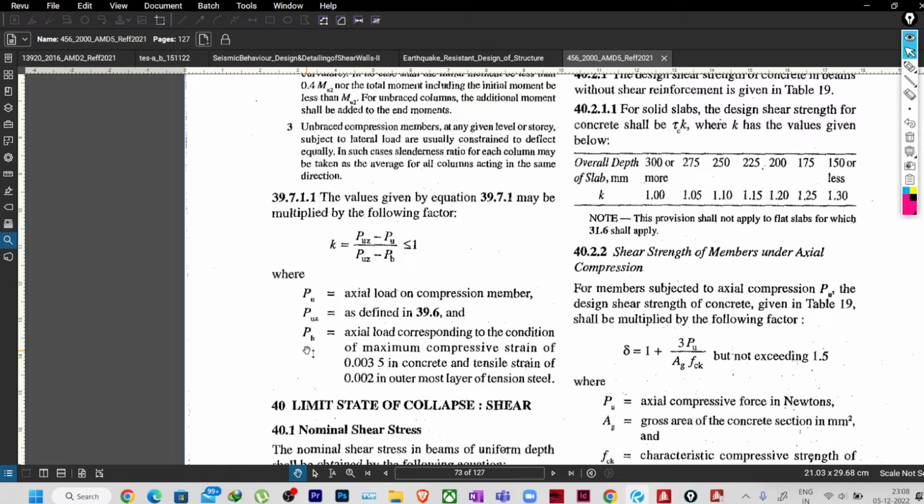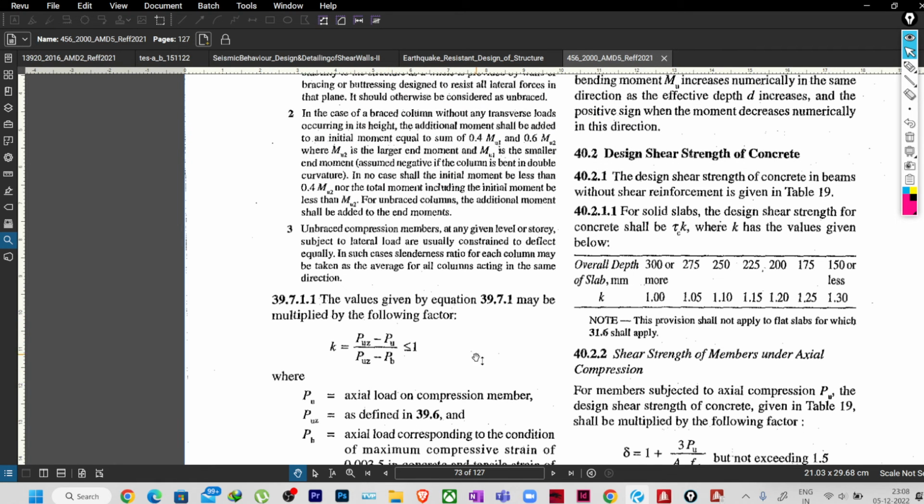This value PB we can get from SP16, which gives the axial load corresponding to the condition of maximum compressive strain of 0.0035 in concrete and tensile strain of 0.002 in the outermost layer of tensile steel. So this we'll be taking from SP16. Later on I'll explain this also, but if you want, you can avoid using this.